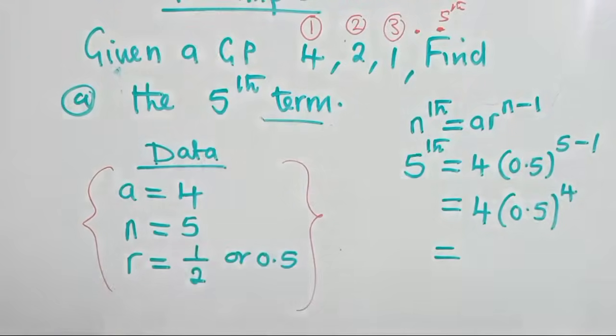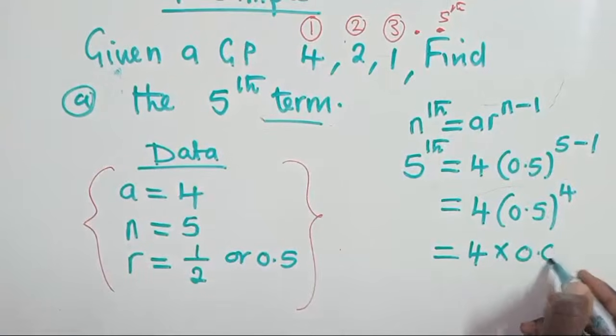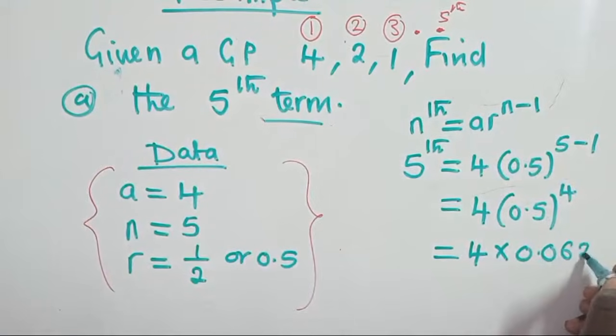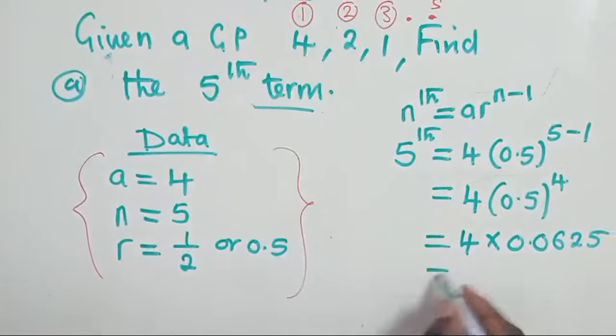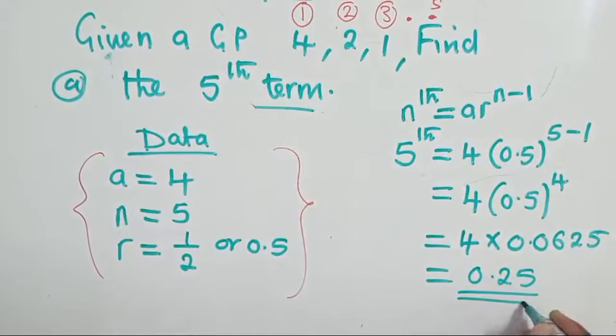First let me start with the 4 times 0.0625. And when we multiply there, what is our final answer? It's of course 0.25. So this is our final answer.